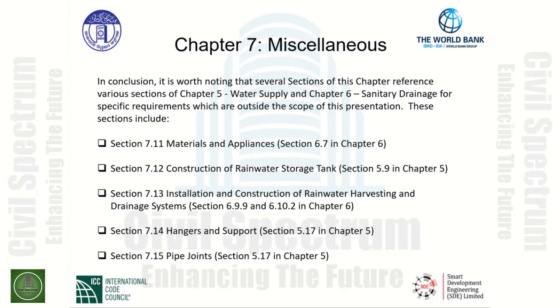Chapter 7, Miscellaneous. In conclusion, it's worth noting for the code user that several sections of this chapter reference various sections of Chapter 5, Water Supply, and Chapter 6, Sanitary Drainage for specific requirements, which are outside the scope of this presentation. These sections include Section 7.11, Materials and Appliances, that reference Section 6.7 in Chapter 6.